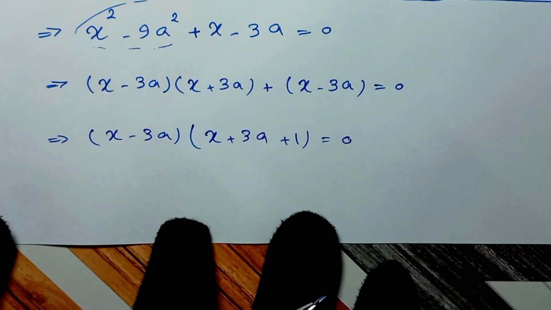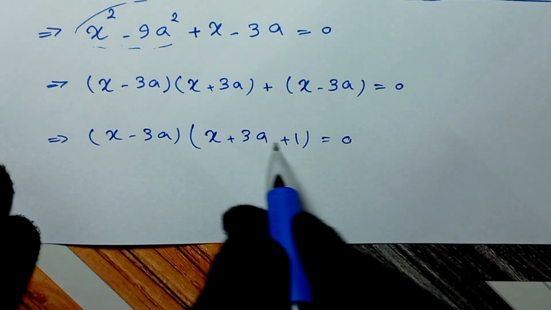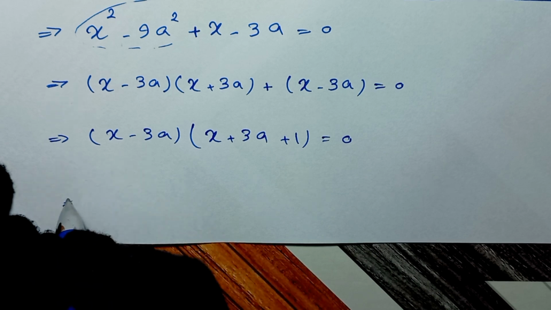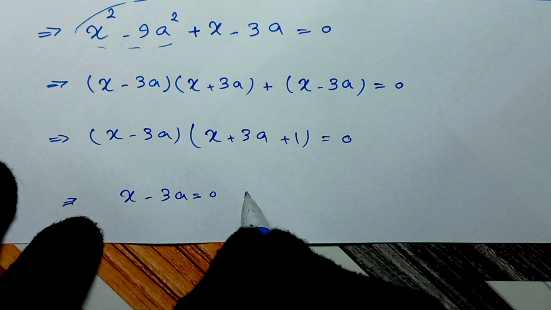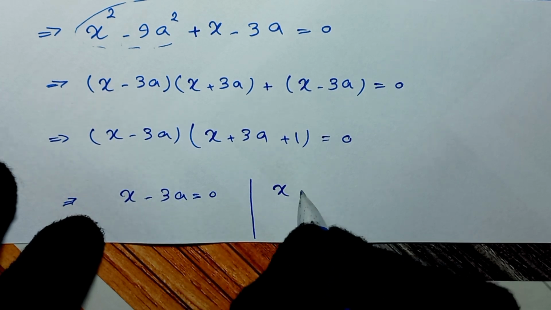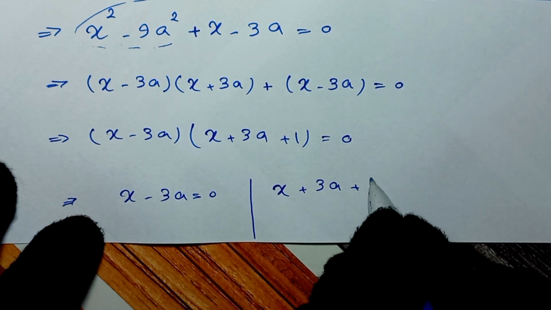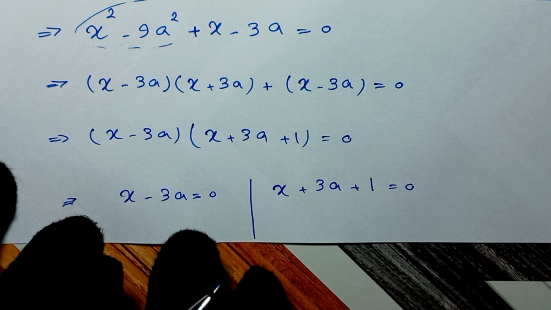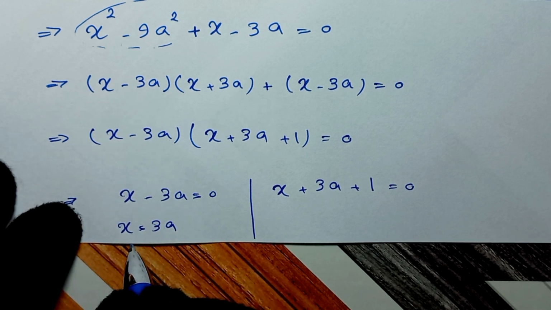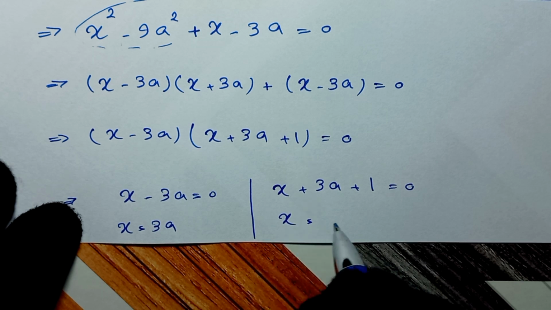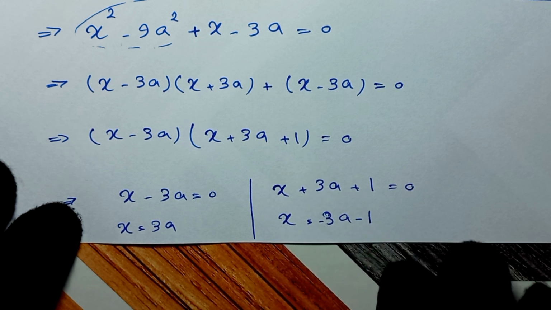So from here, we have two solutions for x: x minus 3a is equal to 0, or x plus 3a plus 1 is equal to 0. In the first, x is equal to 3a, and from the second, x is equal to negative 3a minus 1.